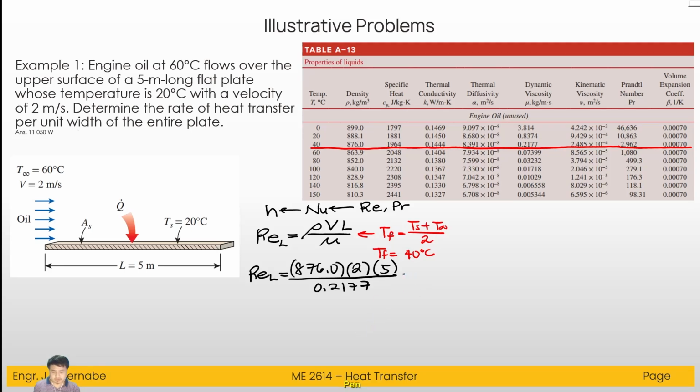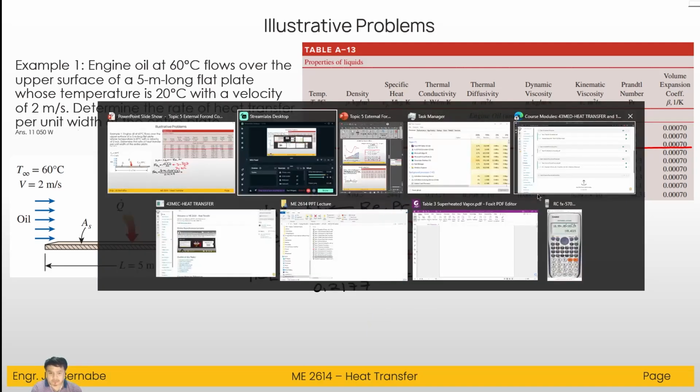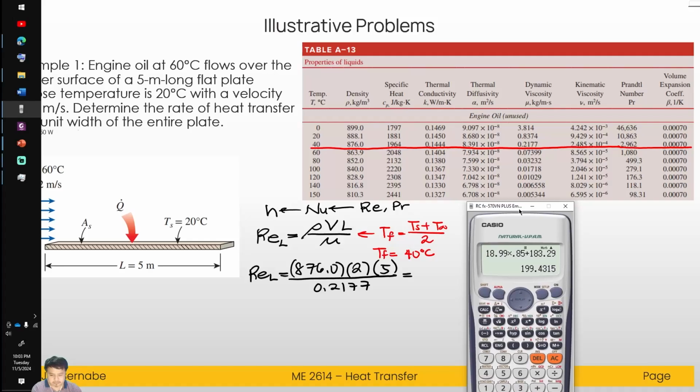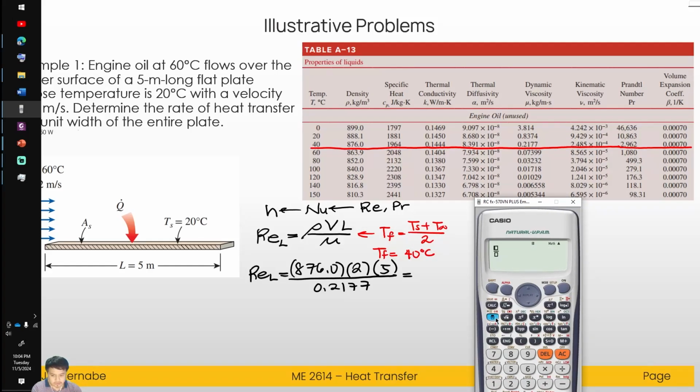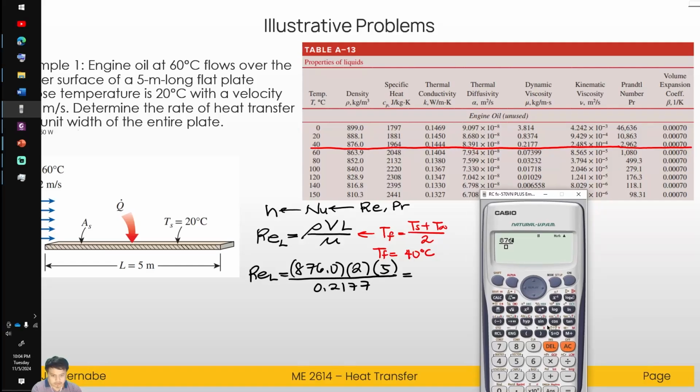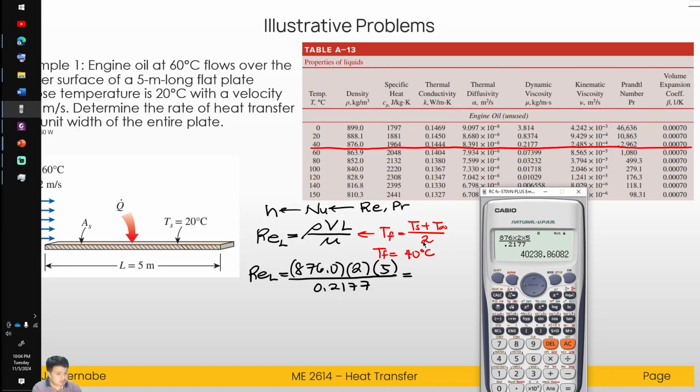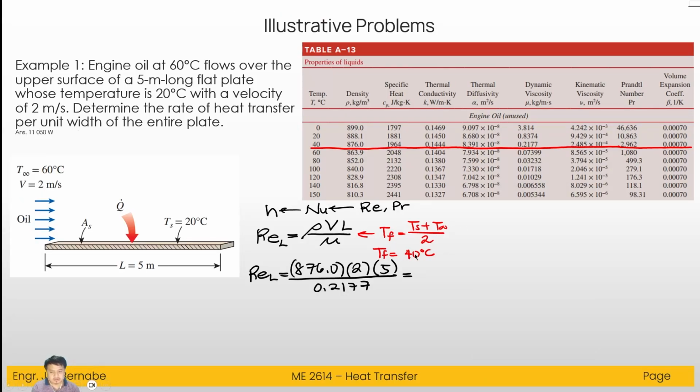So the Reynolds number, let's have a calculator here. You have 876 times 2 times 5 over 0.2177, which gives 40,239.